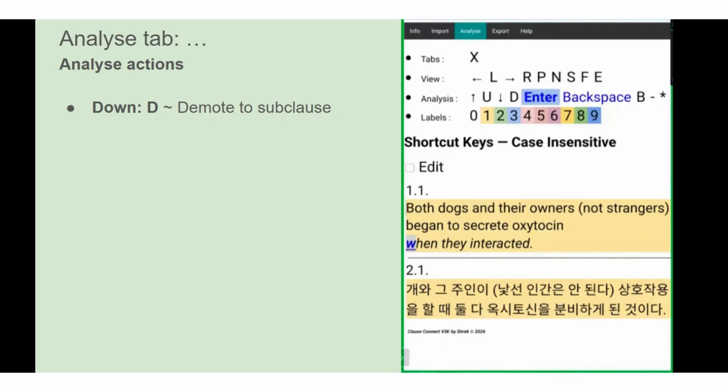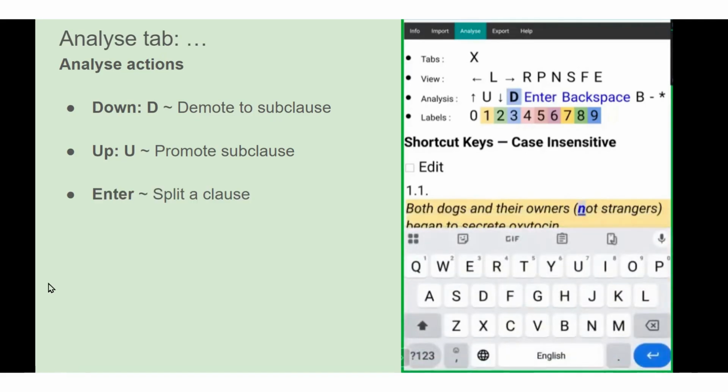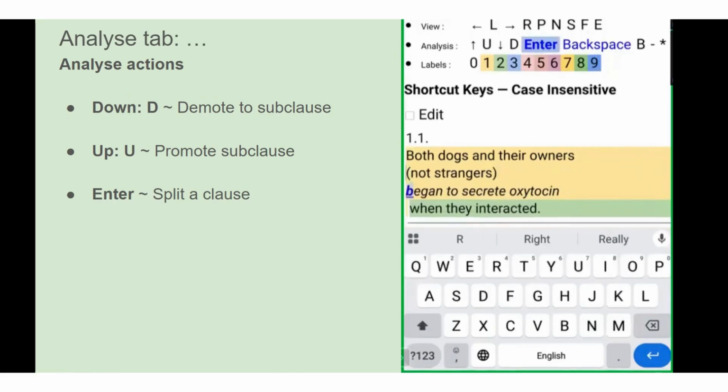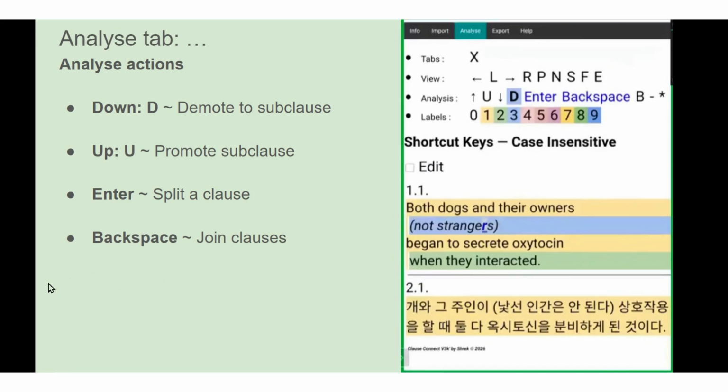And you can use up to promote, and you can use enter to split a clause into two parts, and you can demote that. The backspace key can be used to join two sentences together.